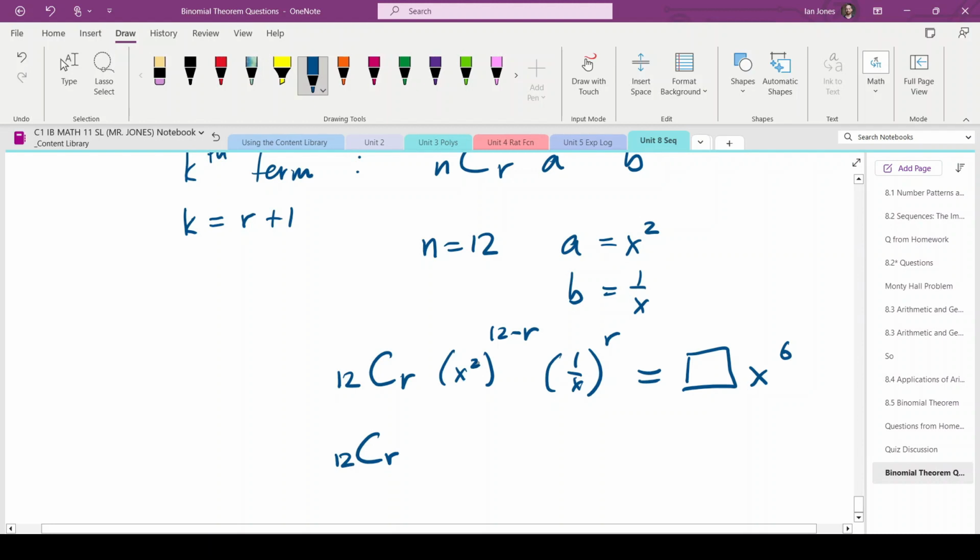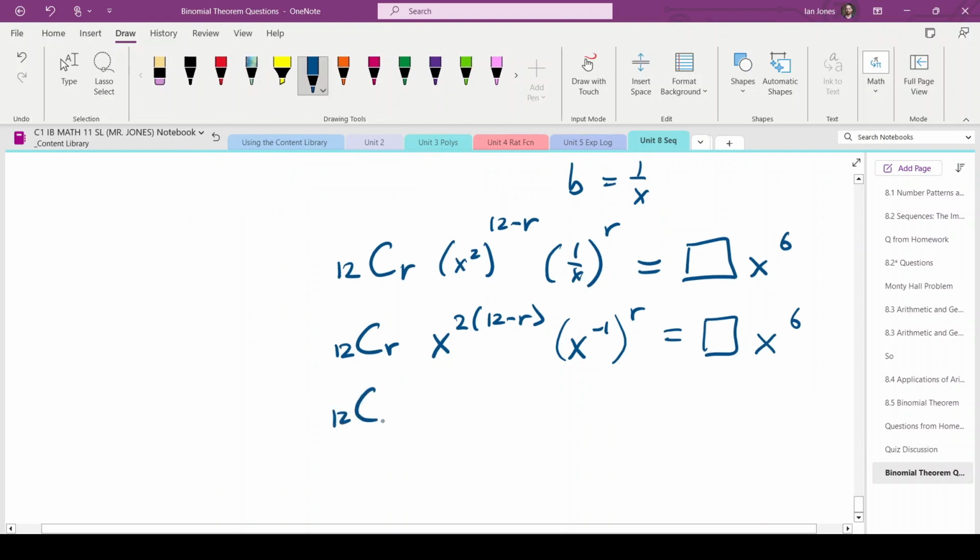x squared to this exponent, well, I can multiply. This is x to the 2 times 12 minus r, exponent rules. And this is the same as x to the negative 1 to the r. This will be something x to the 6.